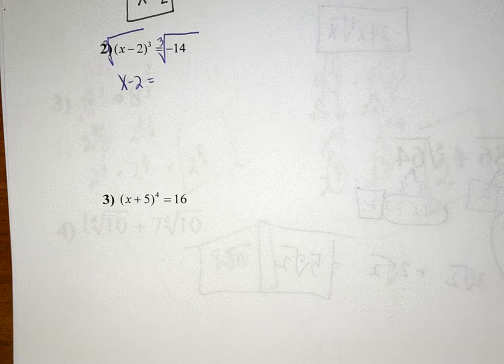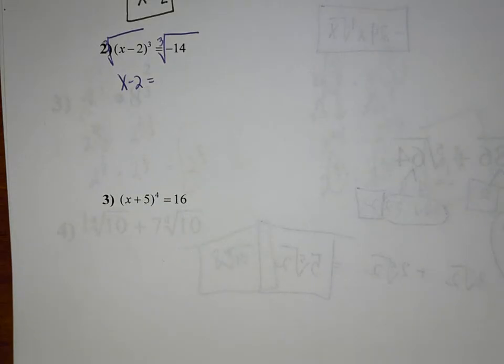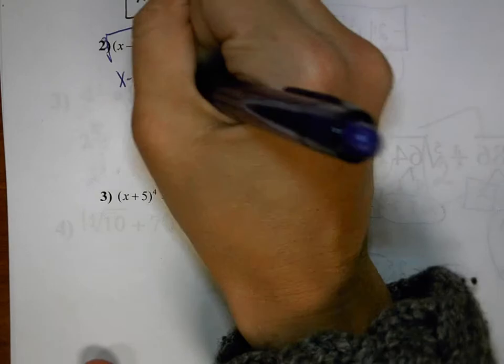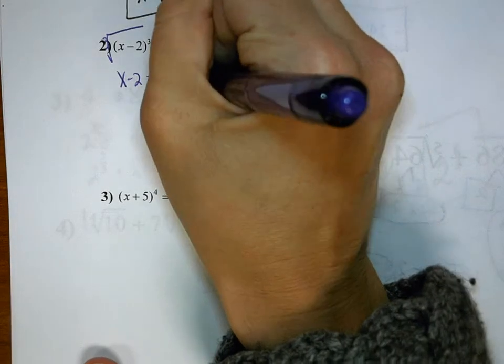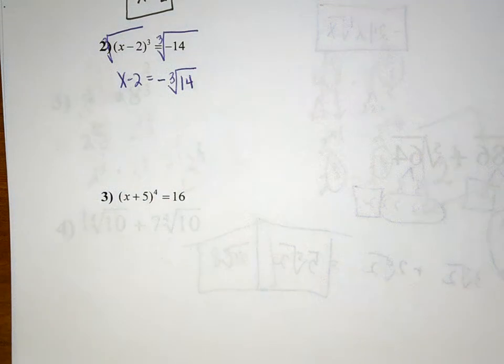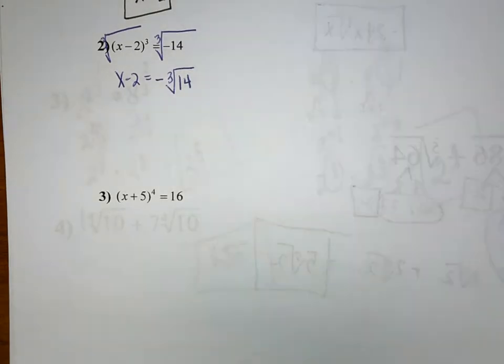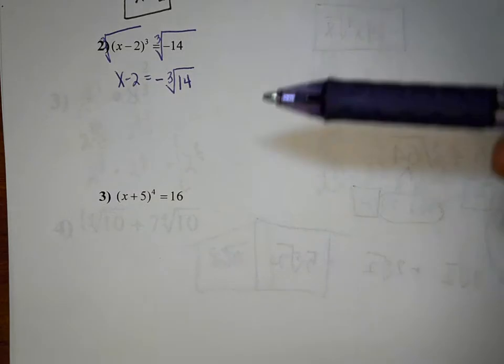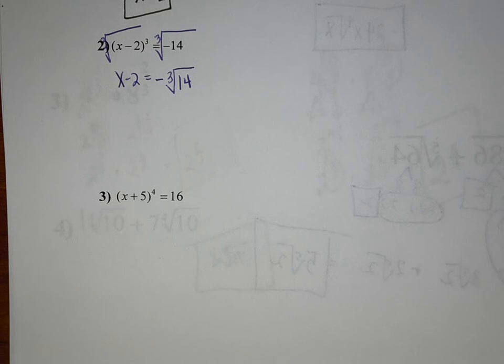Equals. When you take the cubed root of a negative number, what ends up happening? It only happens when you have an even root. When you had an odd root, it just becomes negative. So this is actually going to become negative cubed root of 14. So if this is an odd root, the negative just comes outside. If it was an even root, an i would come outside.